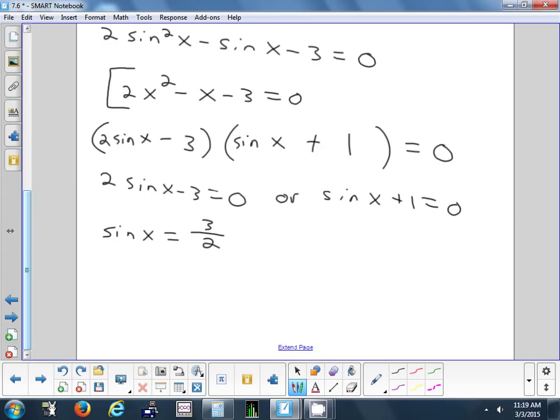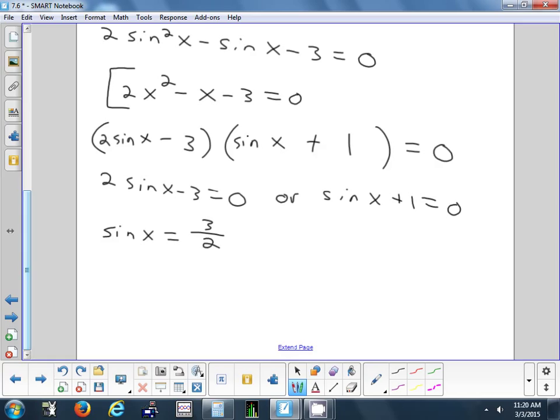Okay, Jill, what is that number, 3/2 as a decimal? 1.5. So you're trying to figure out where the sine equals 1.5. Any thoughts on that? Think of the sine function when you graph it, just the basic sine function, and where it would hit 1.5.